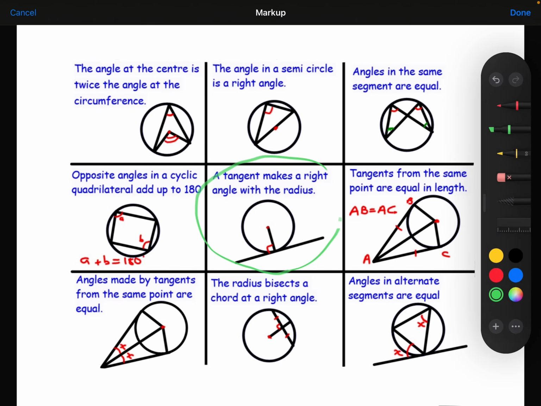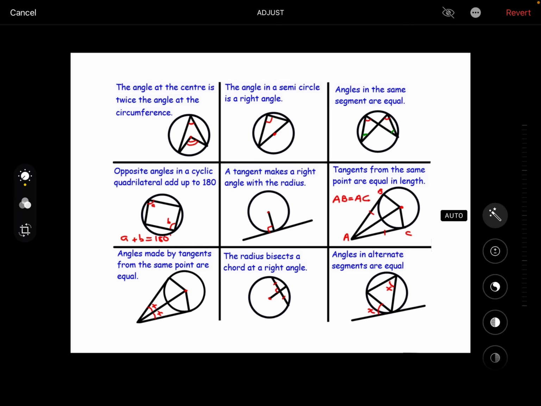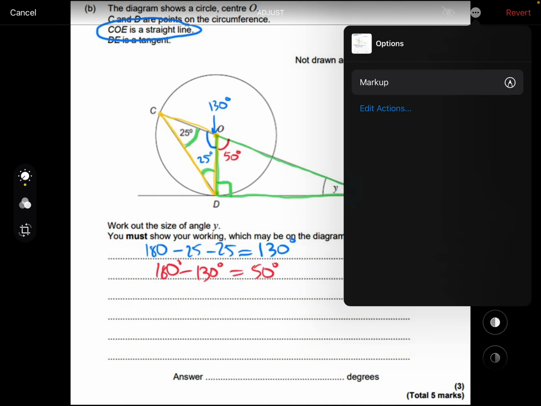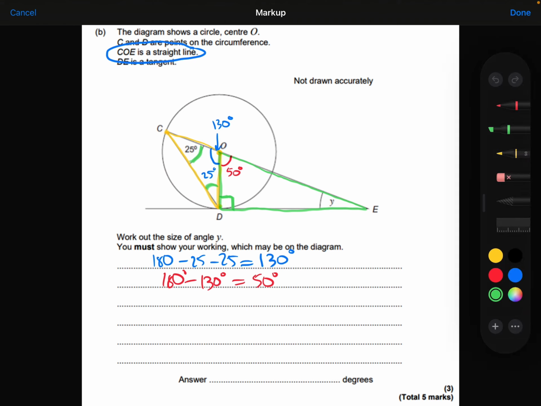I know that a tangent always makes a right angle with the radius. So in this specific question, DE is a tangent, OD is the radius, so therefore that is 90 degrees.